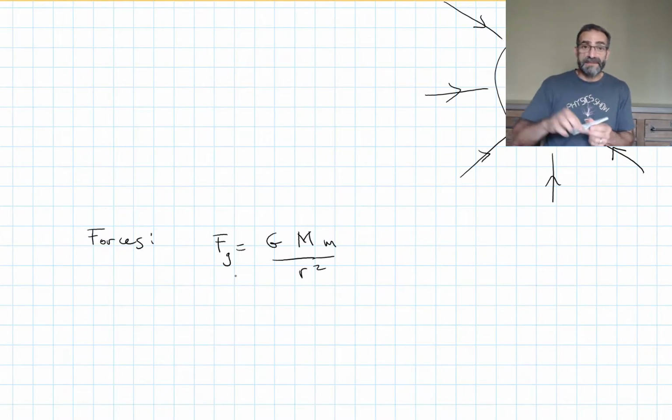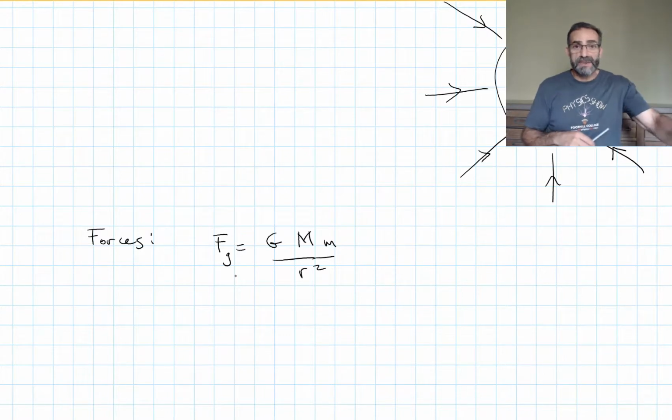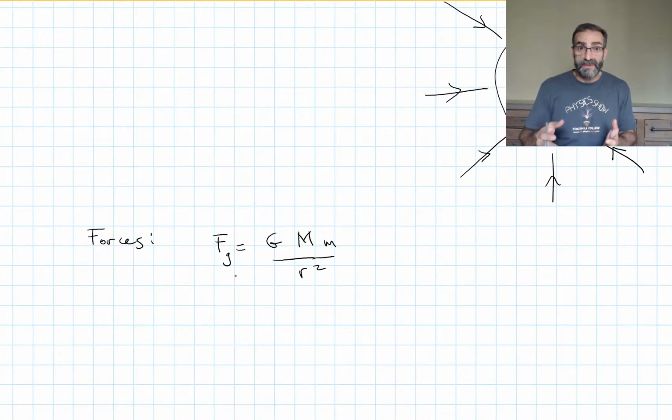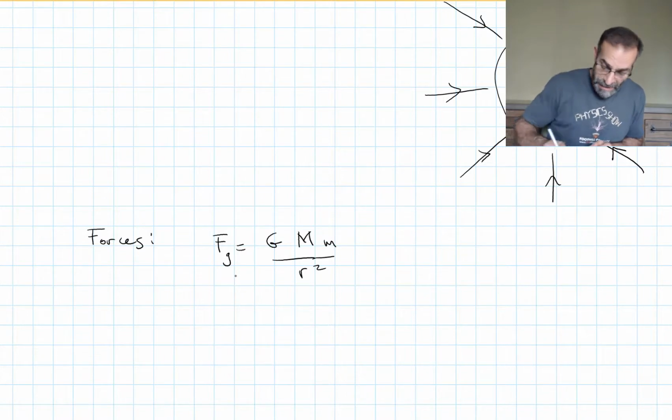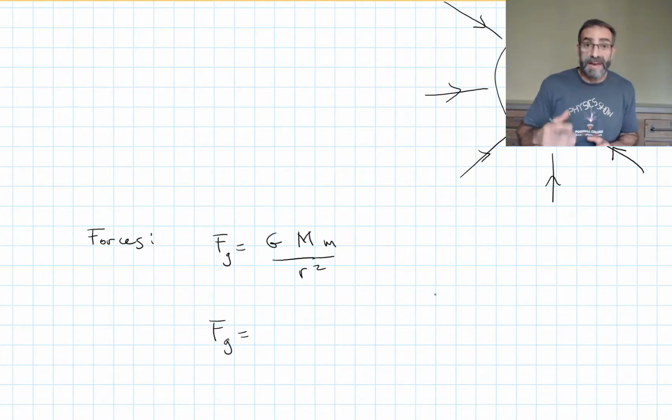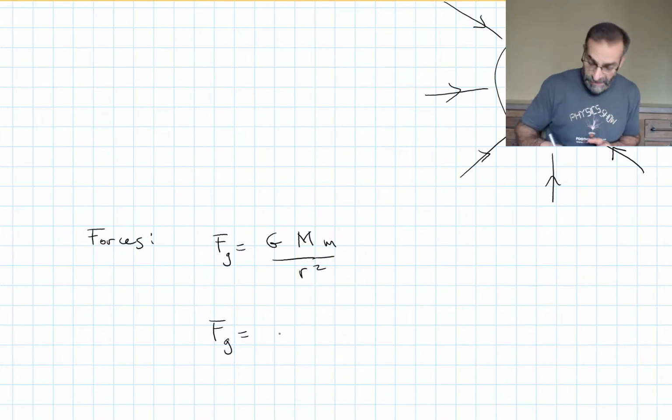Maybe I'm trying to calculate the weight of this pen. Maybe I'm trying to calculate the weight of this cup. That's the mass that's changing to find the force, the weight of the object. So I could write this as F, the force, is equal to the gravitational field times the mass of the object.